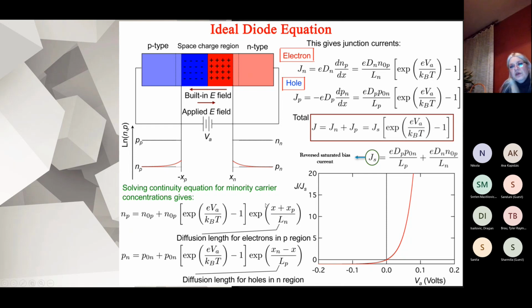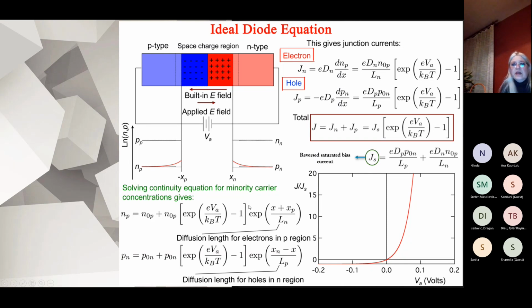So this exponent will be a large negative number, and the exponent of a large negative number is 0, so this whole part is gone, and you just have the minority concentration in the area.